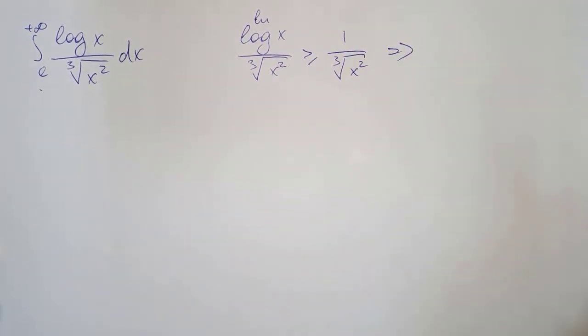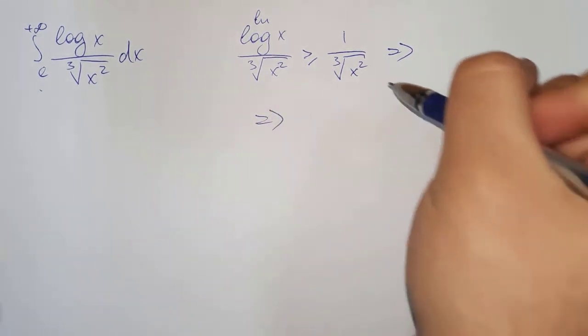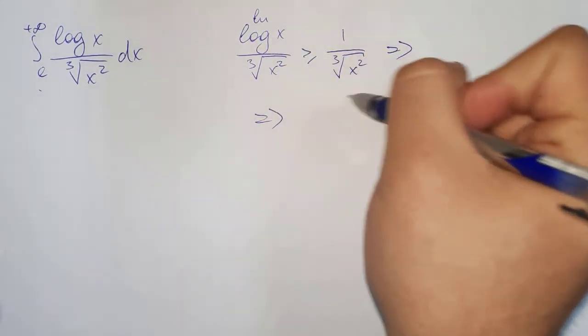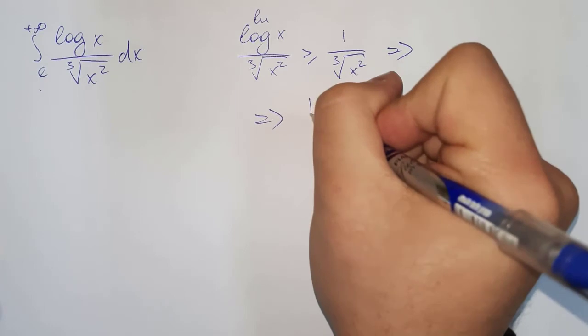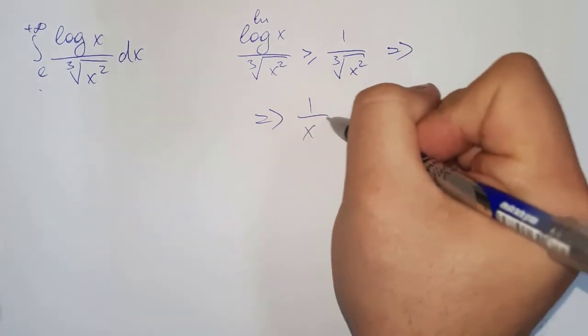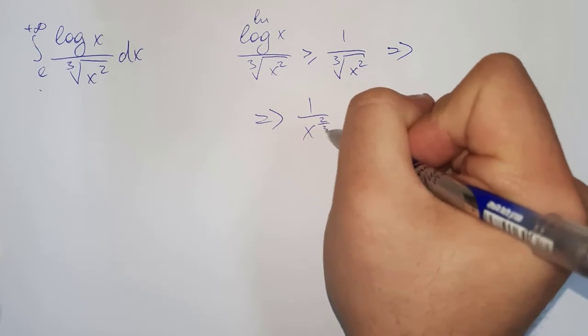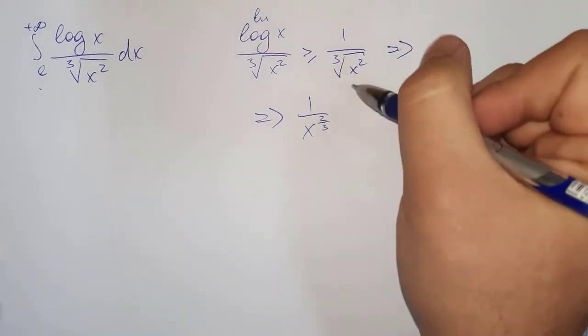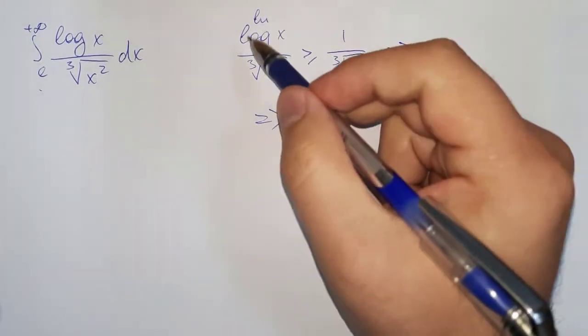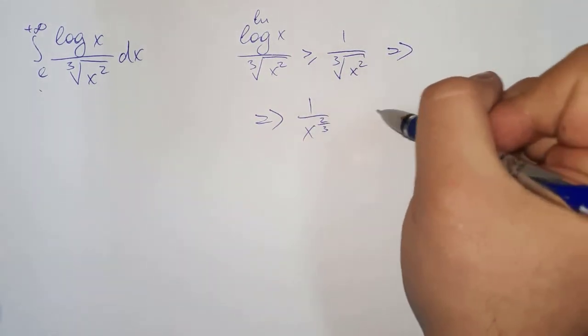Here the power is 2 over 3, so the power is less than 1 and it diverges, from our fact. The smaller one diverges, so the bigger one also diverges.